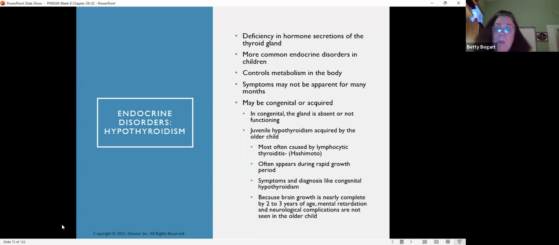Now, one of the acquired ones that we see later on, usually girls, late school age and adolescents, these children have lymphocytic thyroiditis. It's called Hashimoto's. This is an autoimmune disease. You cannot remove the thyroid, it has to stay. But what you must do is give thyroid medication replacement. And they really need to watch those levels really closely.